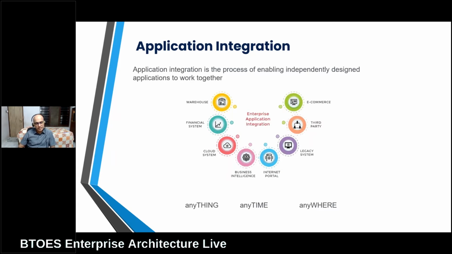If you look at it traditionally, there are various applications: e-commerce, legacy systems, your business intelligence system, financial systems, mostly in the ERPs of the world. They all talk to each other, and so do your third parties, like distributors, exchanging data, using a middleware based on a protocol.